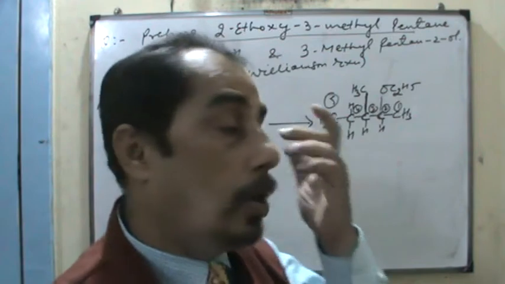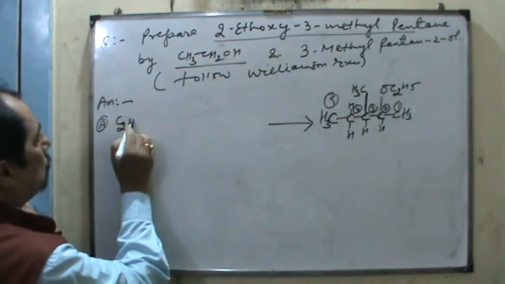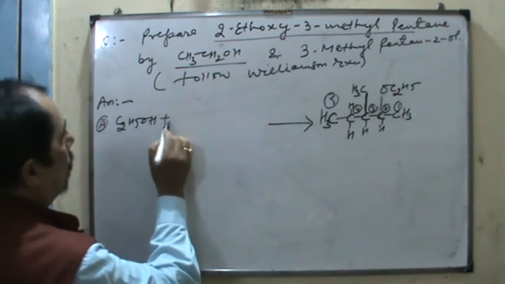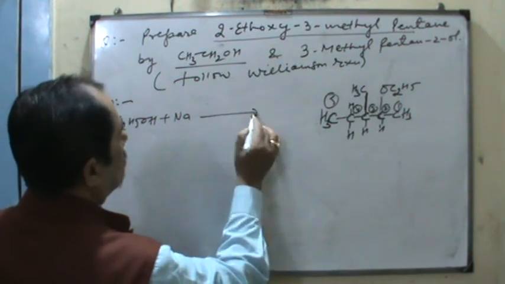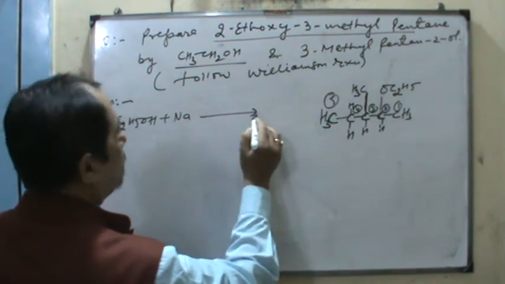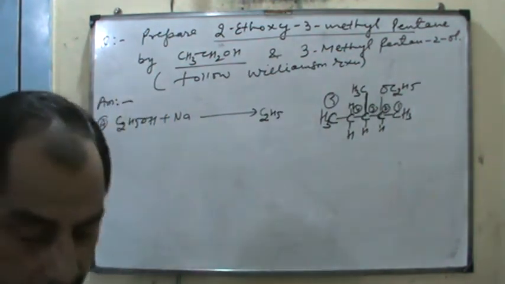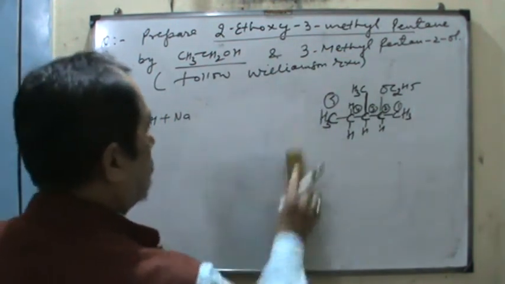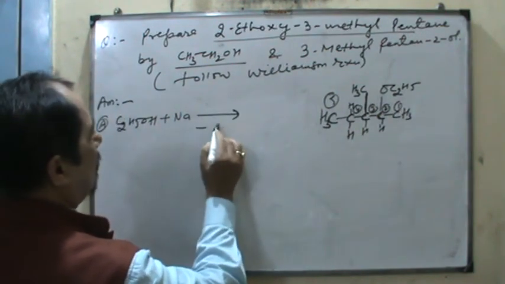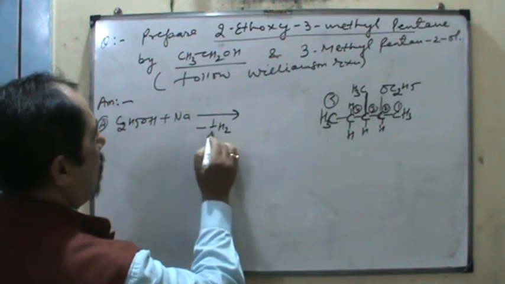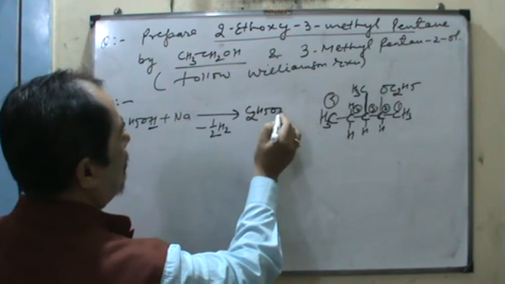You are given ethanol. First you take the ethanol and change it. Either you react with sodium metal, and it forms C2H5ONa, sodium ethoxide, with H2 lost, and one reagent is prepared.